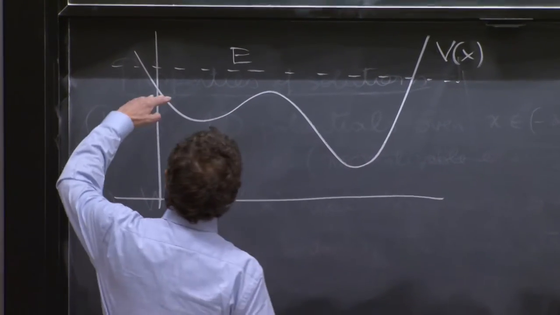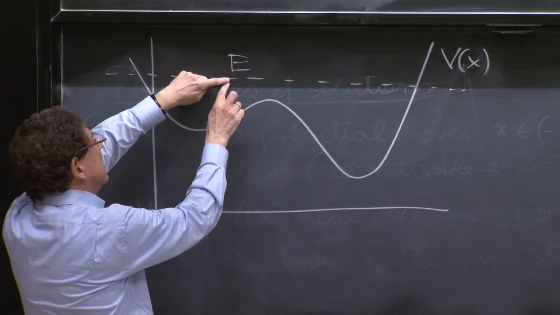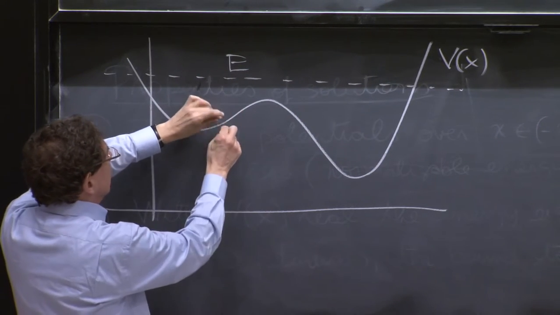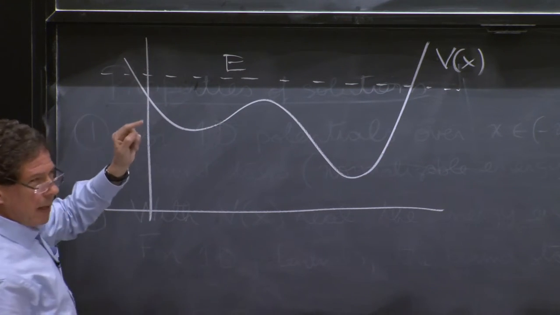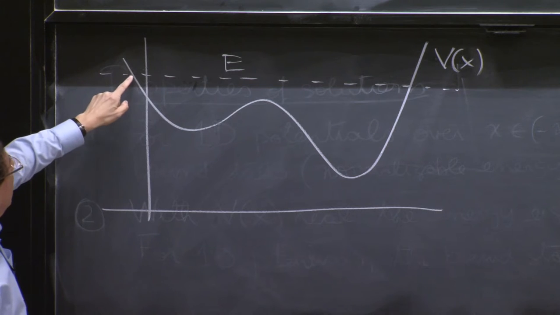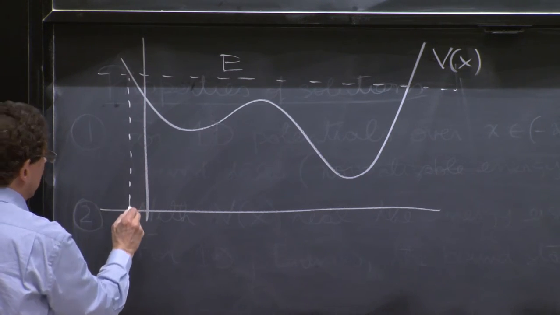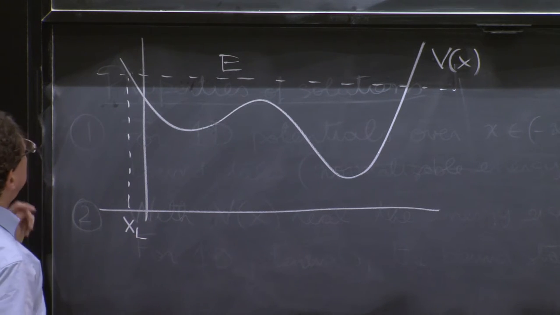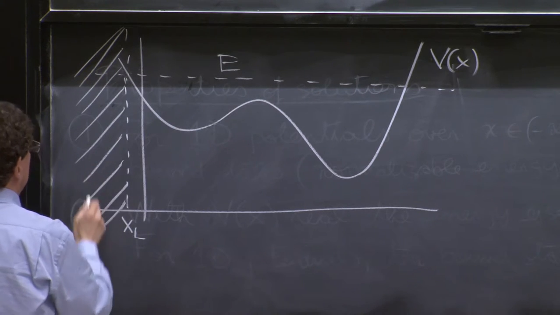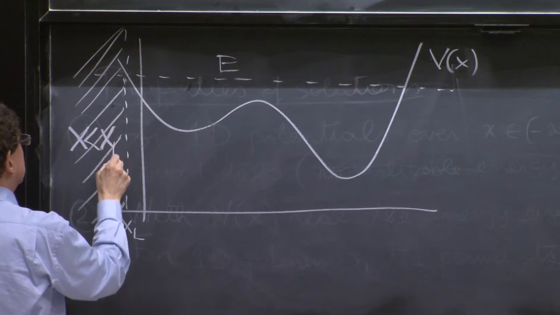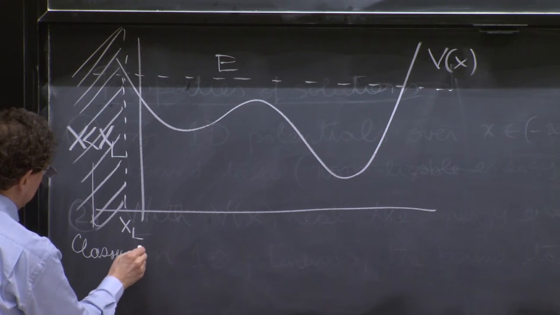Well, if the particle has some energy, you know already this part is V of x, this is K of x. There is a potential energy and kinetic energy. The kinetic energy cannot become negative classically, so the particle cannot go to the left of this point called x left. So this region, x less than x left, is classically forbidden.